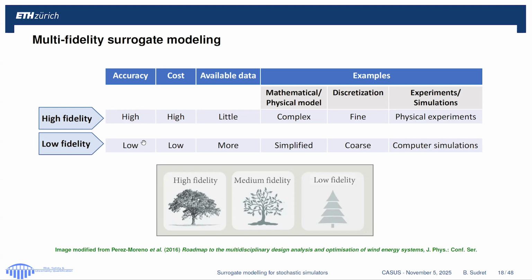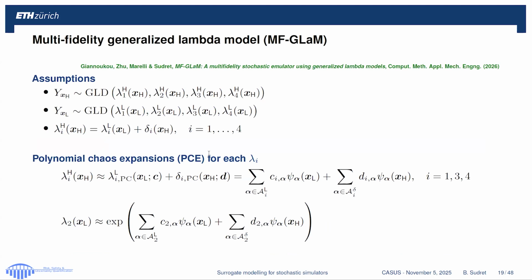Now when you vary those x's in this UQ paradigm, you can maybe afford 10 runs of the highly costly simulator, but 1,000 of the low-cost simulator. So the idea is to combine this information and get the best out of it. Again, I will not get into the details of the equations, but we can assume that both levels of fidelity have the same format, a generalized lambda distribution.